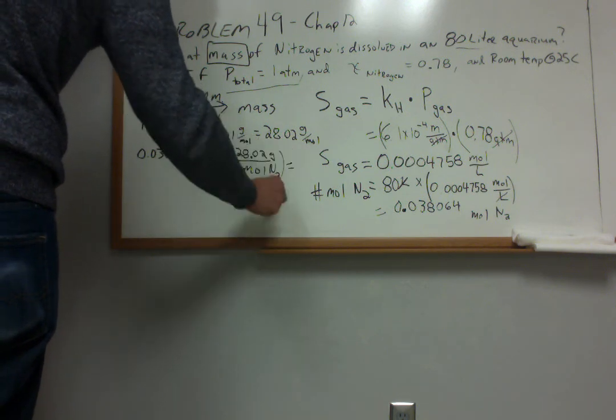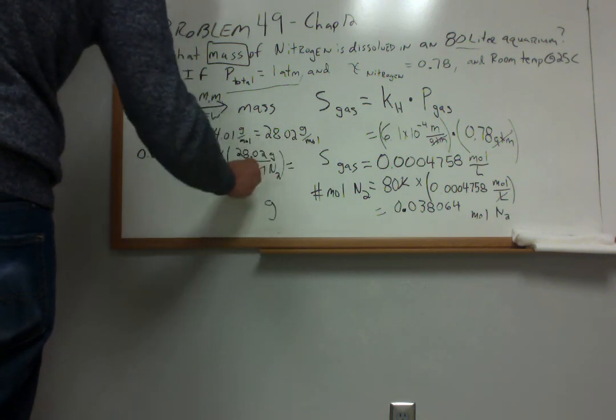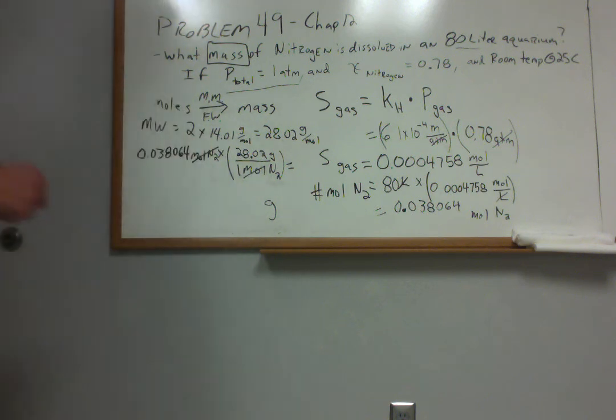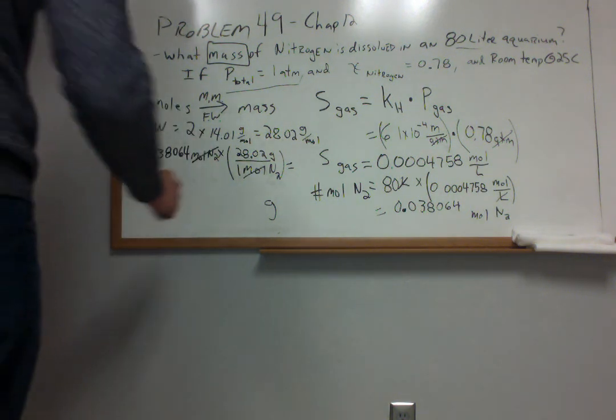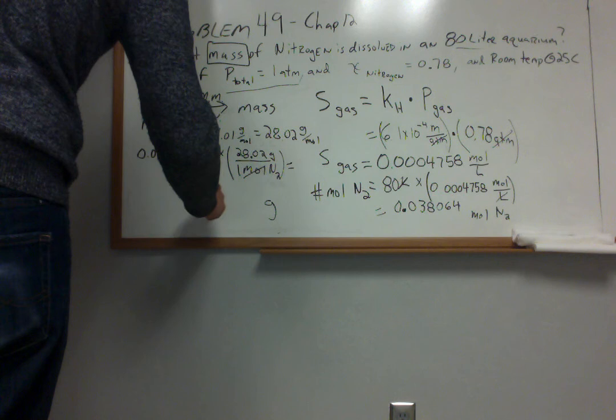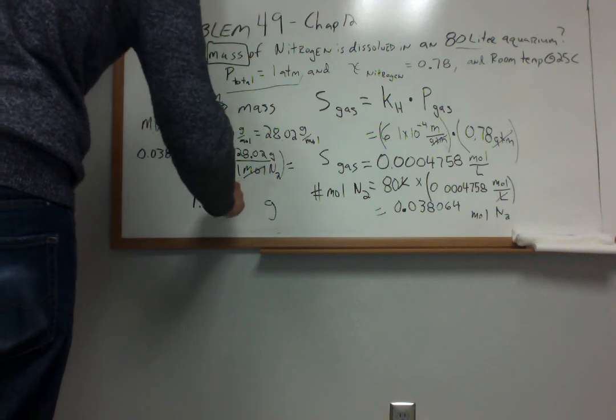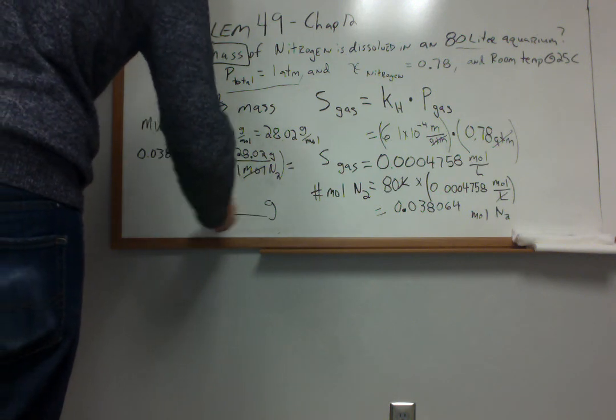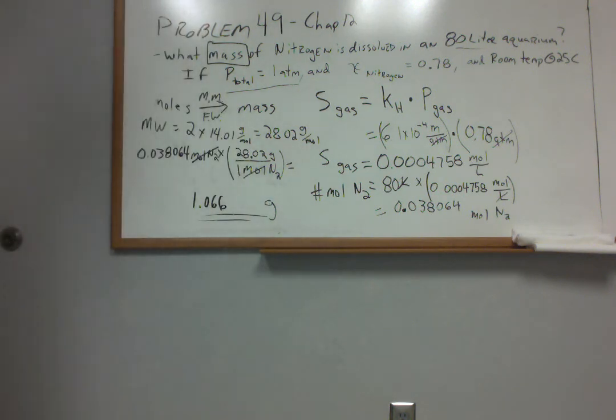Okay. My mole units cancel, and I'm left with grams. And if I do that computation, I find that my fish tank contains about 1.066 grams of nitrogen.